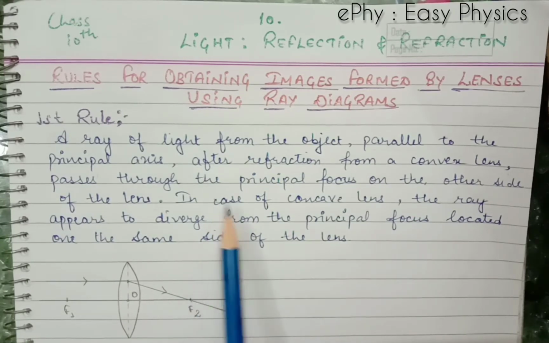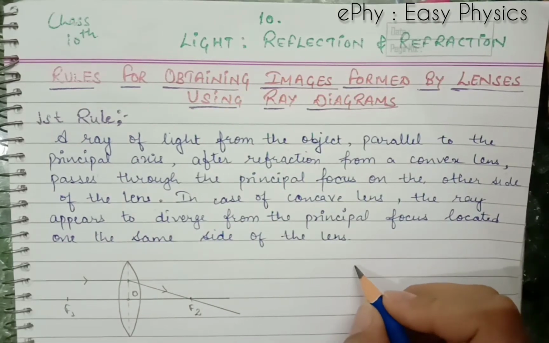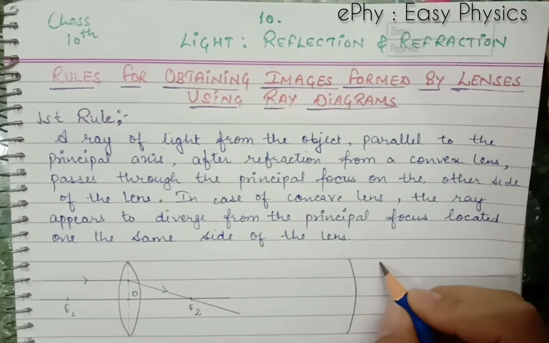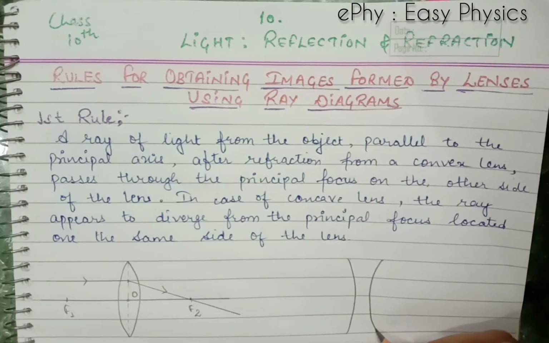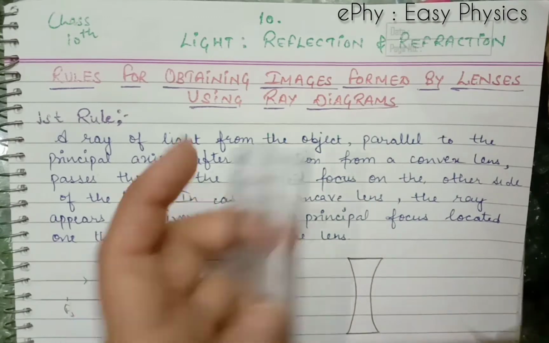Similarly, for the concave lens, the ray appears to diverge from the principal focus located on the same side of the lens. So for this we will draw a concave lens. In the same way we will draw it in the 4 lines of the notebook, keeping it thin at the middle and thick at the corners.